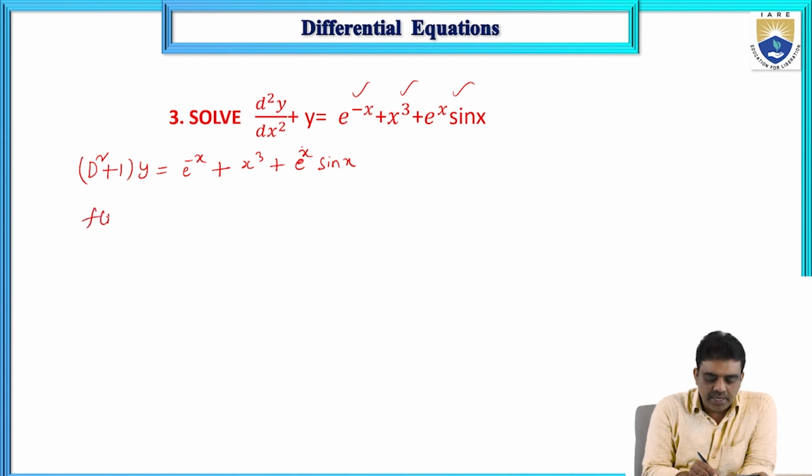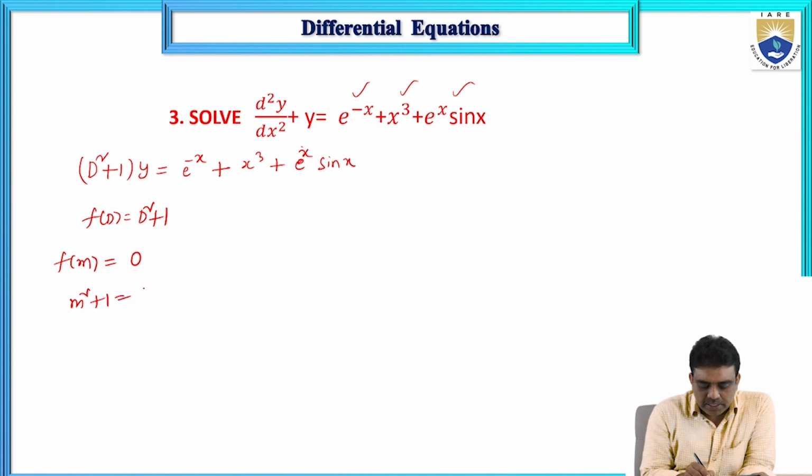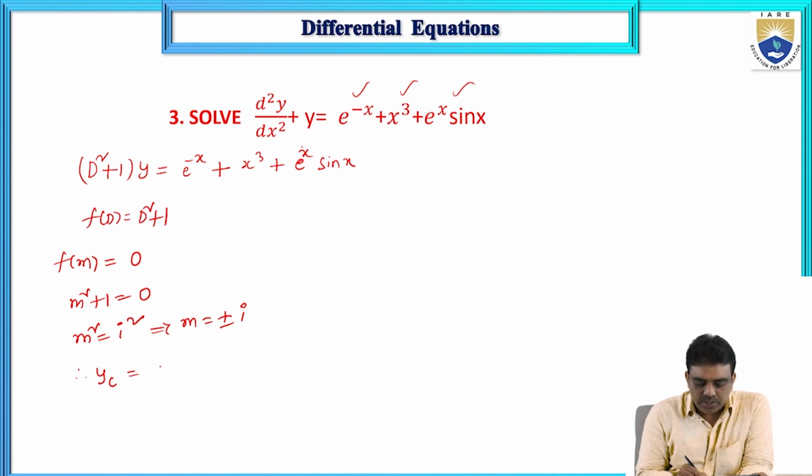So what is f of D here? D square plus 1, and the auxiliary equation is f of m is equal to 0, or m square plus 1 is equal to 0, or m square is equal to i square, or m is equal to plus or minus i. Therefore, what is the complementary function? yc is equal to c1 cos x plus c2 sin x.